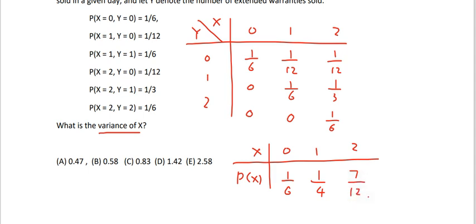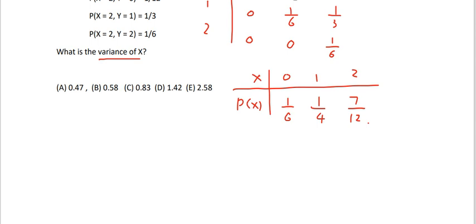So now finding the variance for x is very easy, right? Let's say variance of x, so Vx, equals E(X squared) minus E(X) squared. So what is E(X squared)?